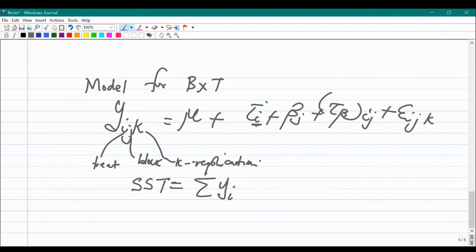It means this will be Y i dot dot dot. The dot represents what and what? It is the sum of the treatment. No, I mean this dot.